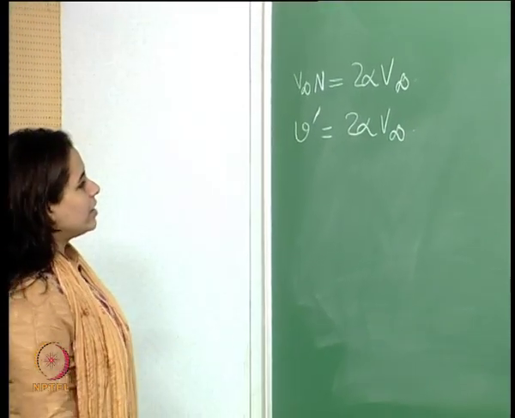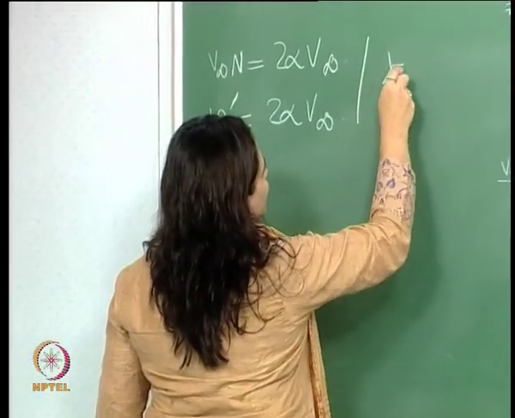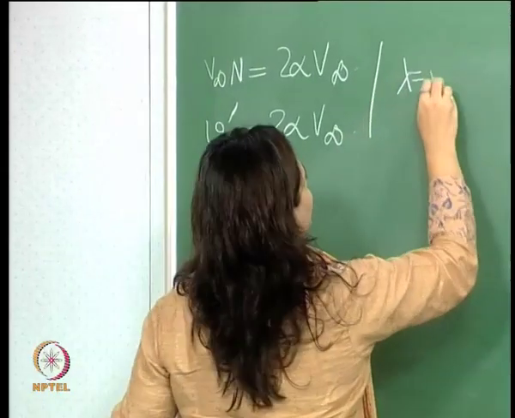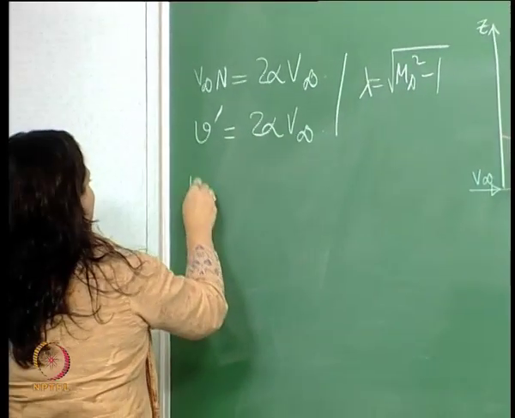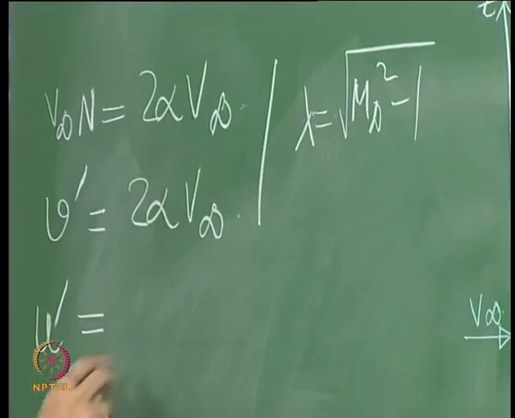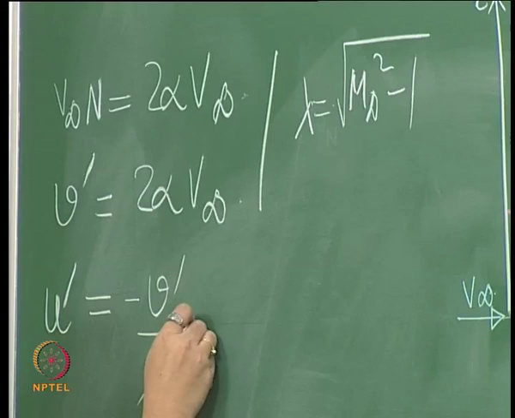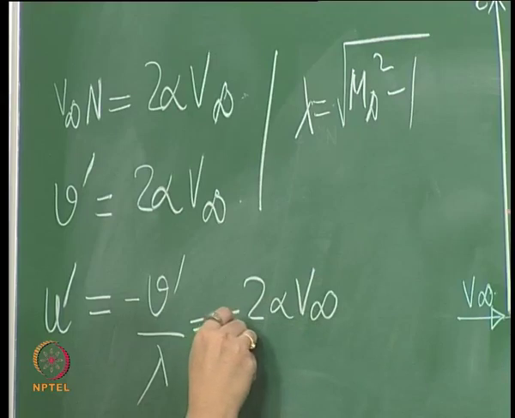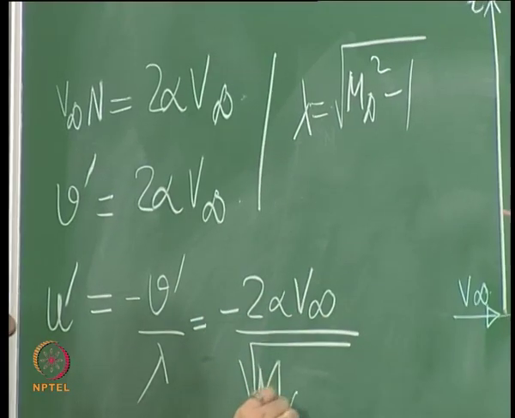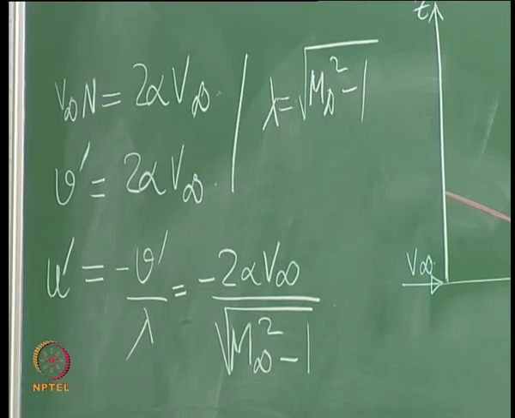And if you remember, when you use the correction, since this is supersonic flow, we will use this parameter over here, then our U component becomes this. So, if you do that, now it is easy.